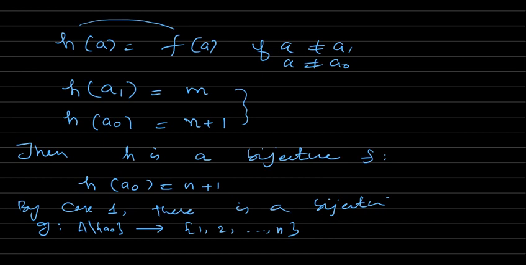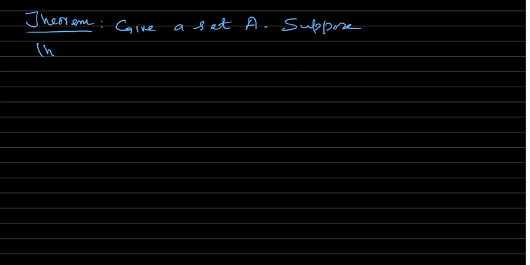So the next theorem I will state only here. Given a set A, suppose that there is a bijection f from A to the set 1 up to n, for some n.